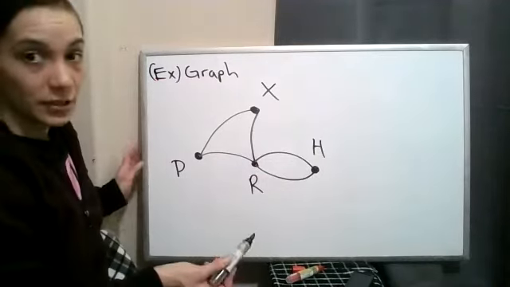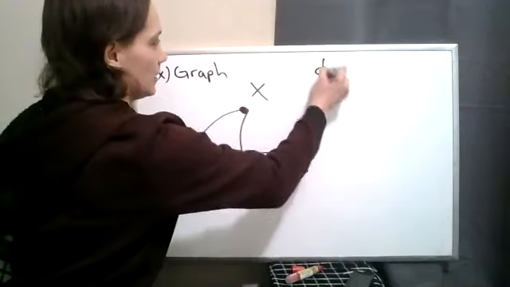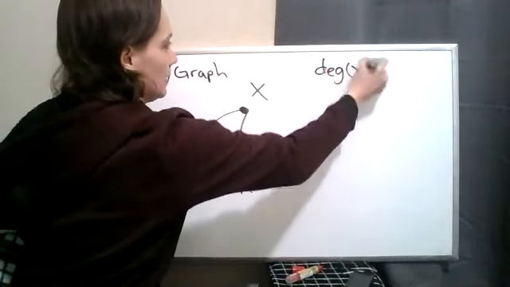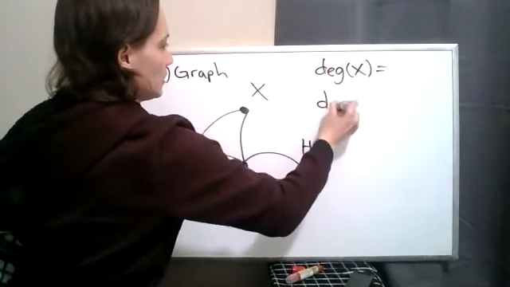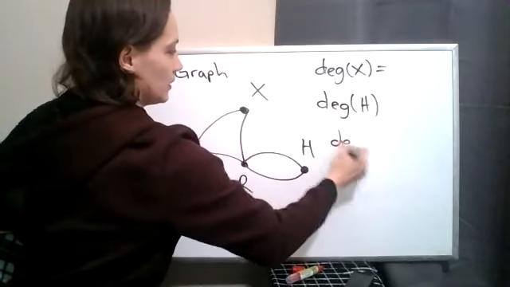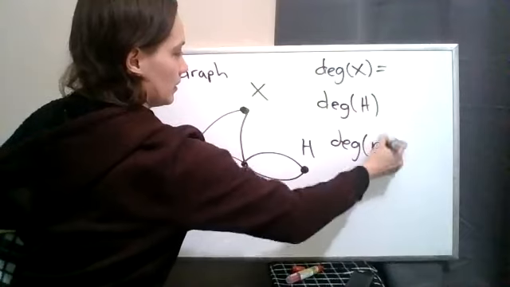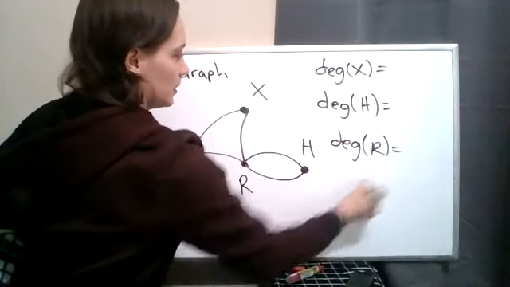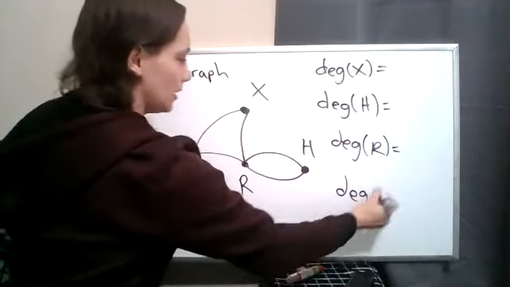And then we get the degree of X. Degree of H. Degree R. Degree of D.